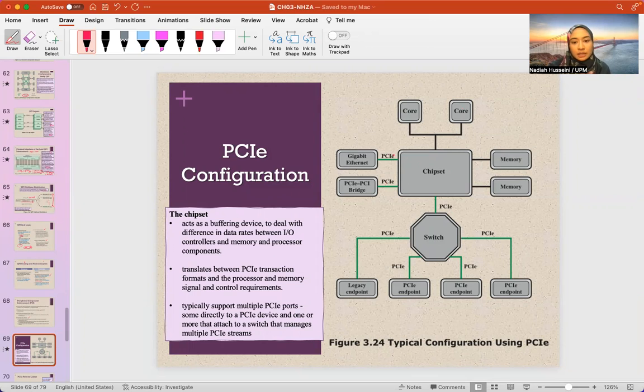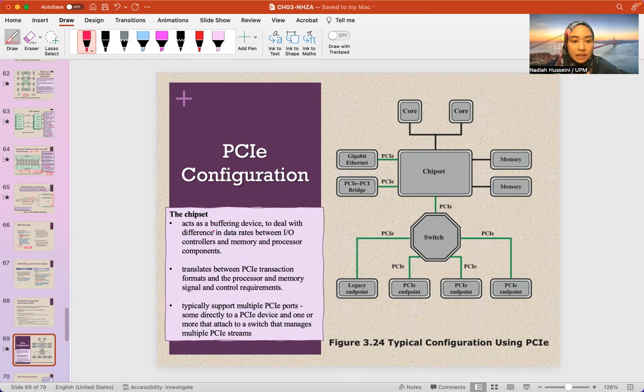The PCI Express, indicated in green, is like a switching fabric. It's like a maze where you can put in a lot of devices. Let's just stick to that first.